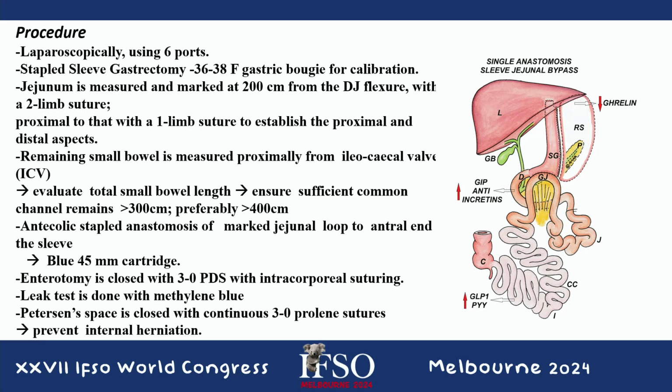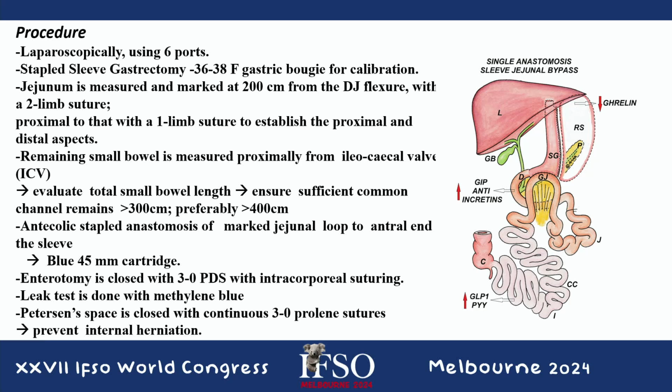And we want to ensure that there is a sufficient length of the common limb, more than 300 centimeters for sure, and preferably more than 400 centimeters. Because in our earlier work with the SASI procedure, we found that when the bowel lengths were 250 or 300 or 350, some of the patients were fine, but some of them had major nutritional issues, including nutritional cirrhosis.